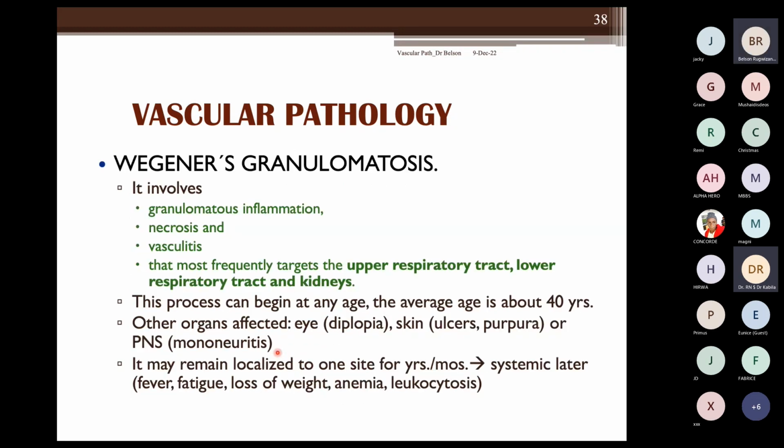So Wegener granulomatosis, which is rare, at least in the patients I have seen, affects the head and neck area. So those doing dental surgery will be more interested in that. But others too, because you may meet this disease in places where there is no dental surgeon, and you are the one to take care of them.